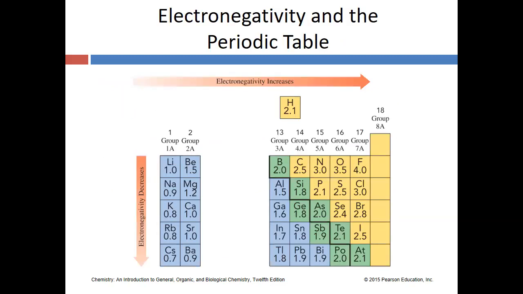Now we can be even a little bit more precise and fine than just general trends. This is called the Pauling electronegativity scale. And in the Pauling electronegativity scale, we can actually put numbers to the value of an electronegativity for an element.